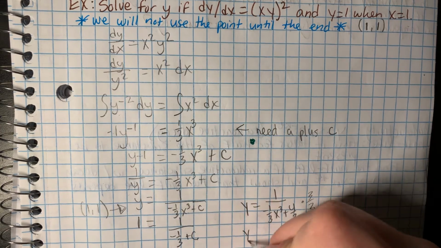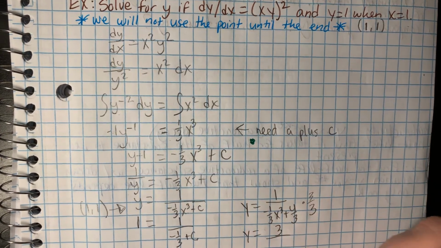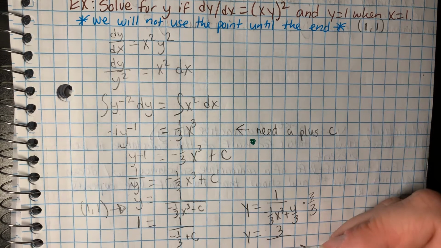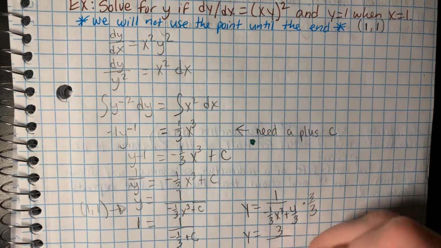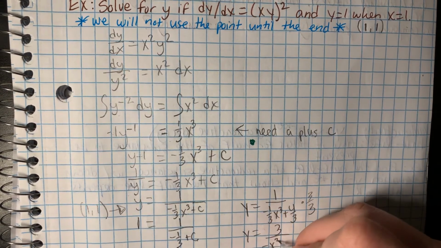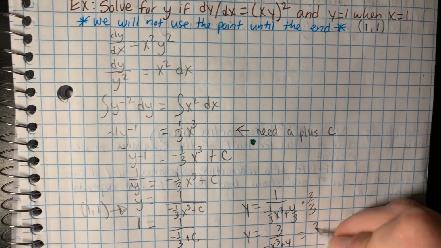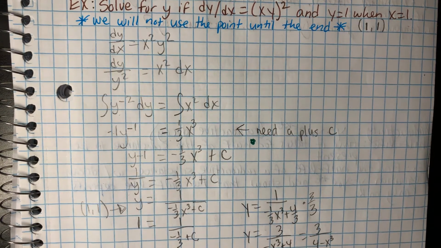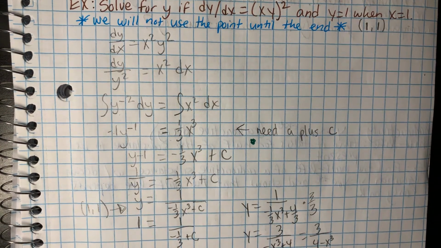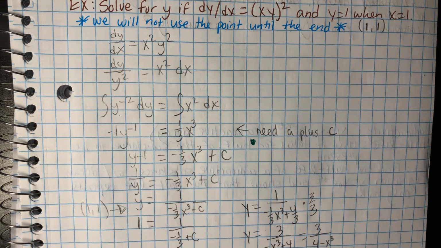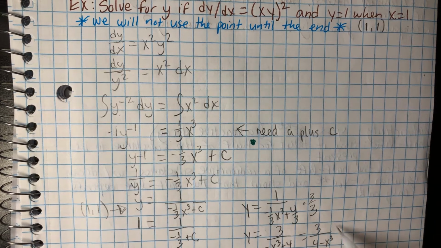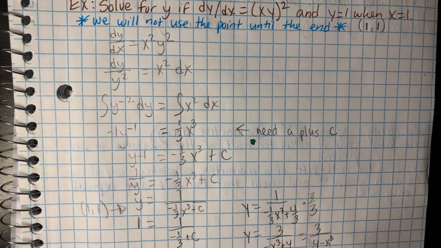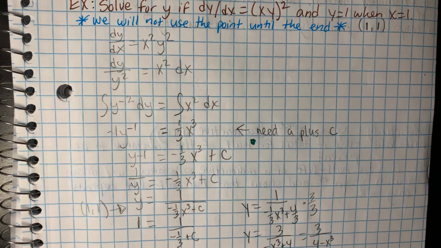So now we'll have y equals 3 over negative x cubed plus 4, or we could write it as 4 minus x to the third power. So that would be our equation if we solved for y.